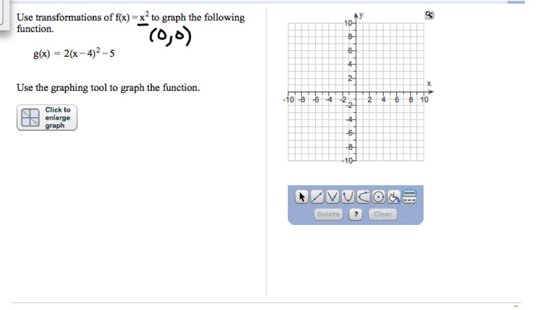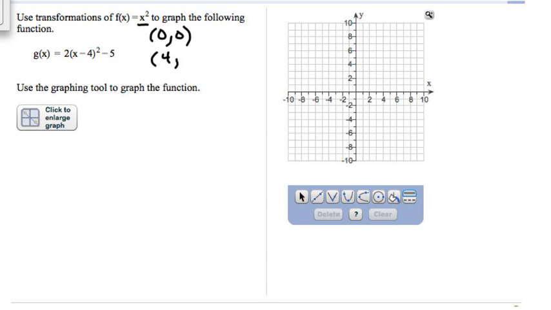This minus 4 that is inside the parentheses is going to cause this graph to move 4 spaces to the right. So therefore, the x-coordinate of the vertex of this graph is going to be 0 plus 4, which is 4. The minus 5 that's on the outside of the parentheses is going to cause this graph to shift 5 spaces down.